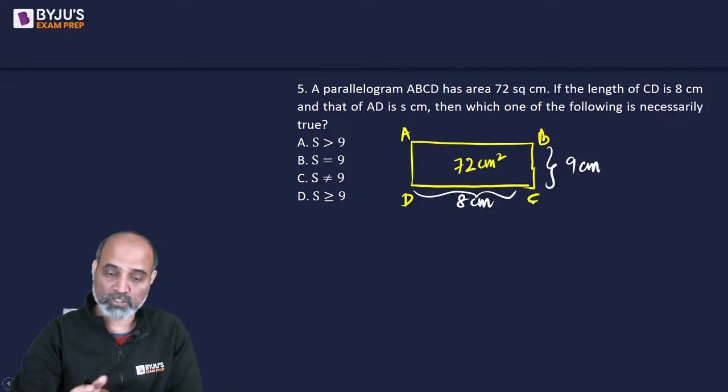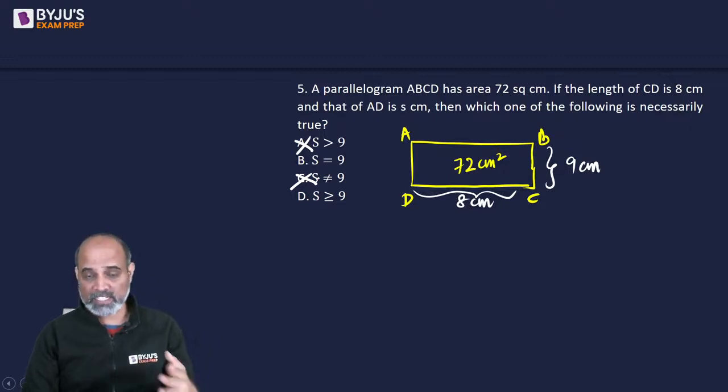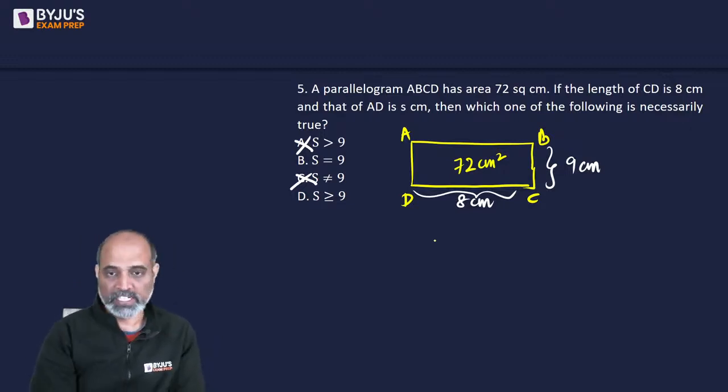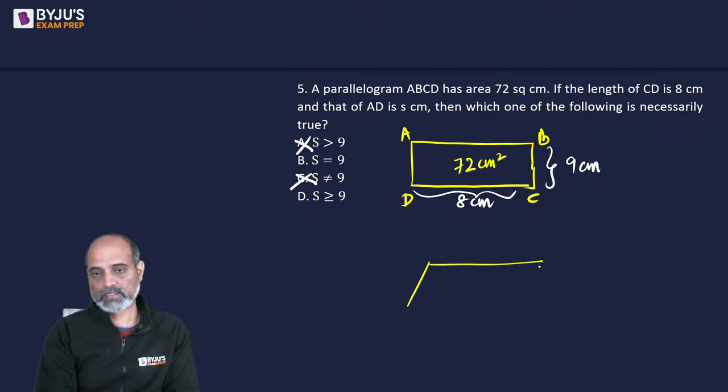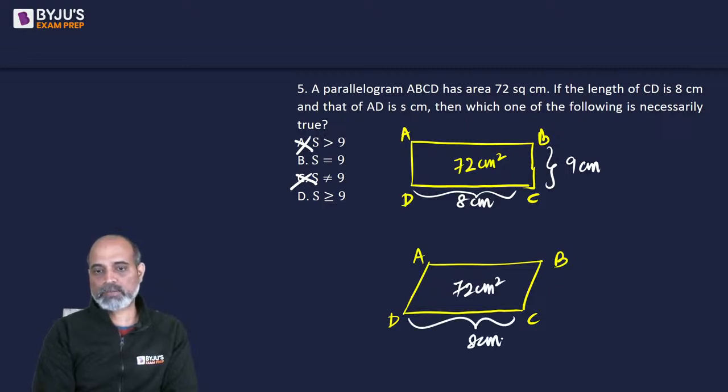So 9 is possible. Since 9 is possible, C and A will not make sense. Now, since it is going to be a parallelogram, it might have tilted sides, slant sides. As per this, the area is still 72 square centimeters. This length is 8 centimeters.